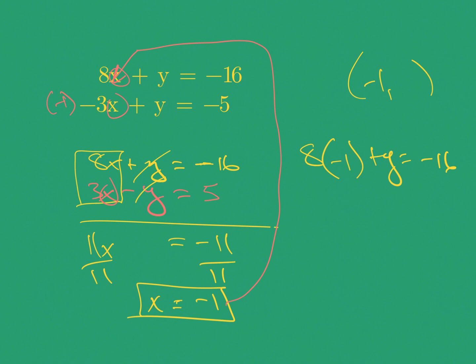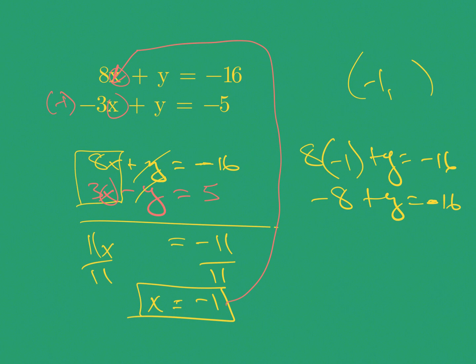Going to substitute it back in. What's 8 times negative 1? Negative 8. Good. So negative 8 plus y equals negative 16.